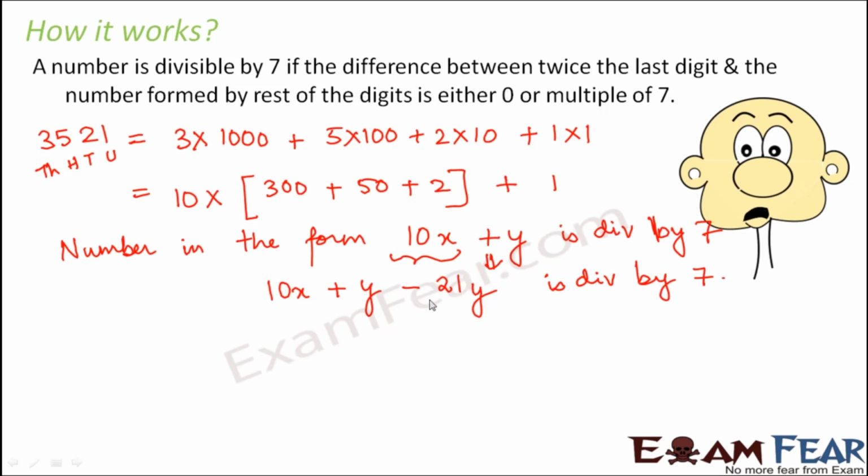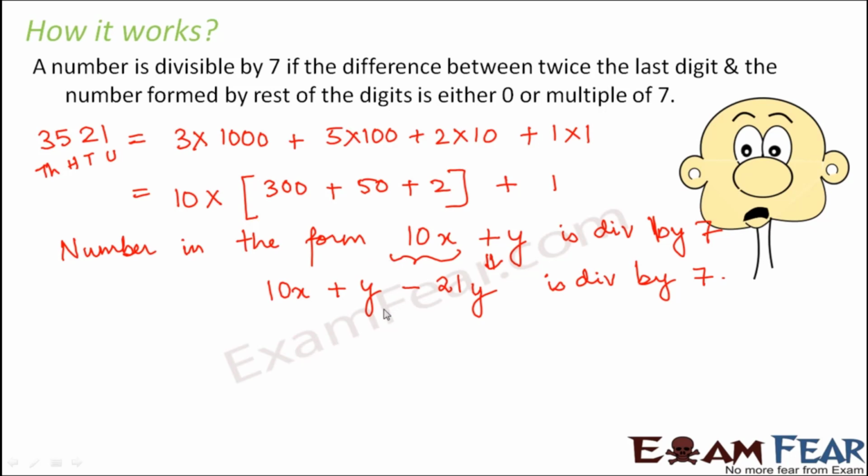Why? Because 21 is a multiple of 7. So 21y, this term is divisible by 7. So if I say that 10x plus y is divisible by 7, then I can also say that 10x plus y minus 21y is also divisible by 7, because I have just added an additional term which is already divisible by 7.